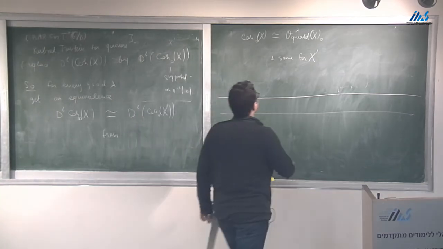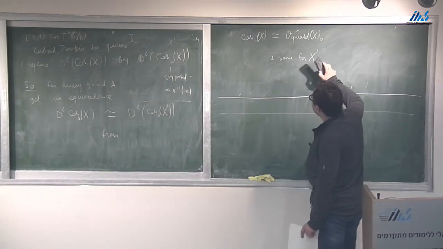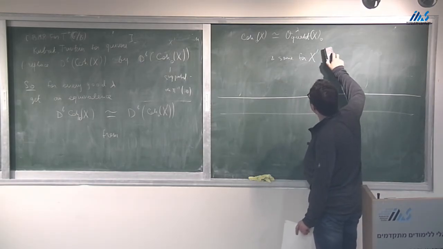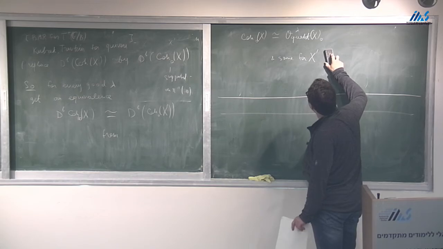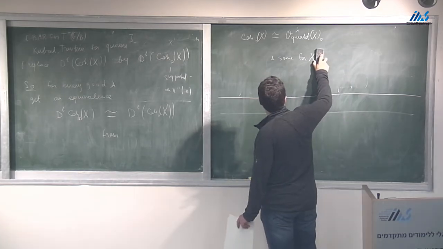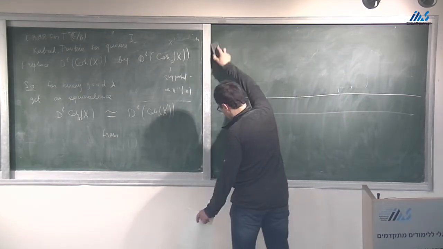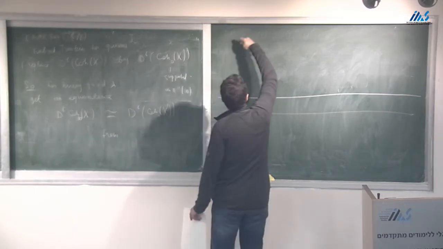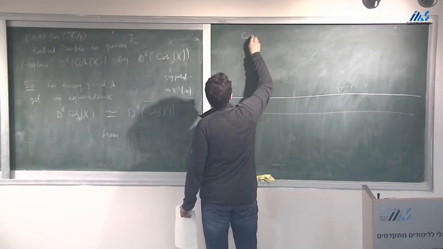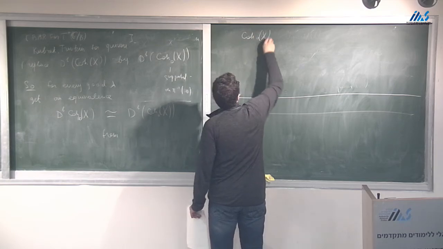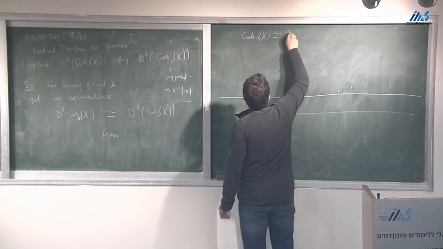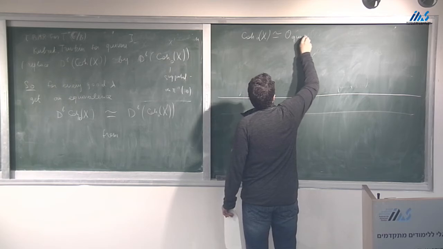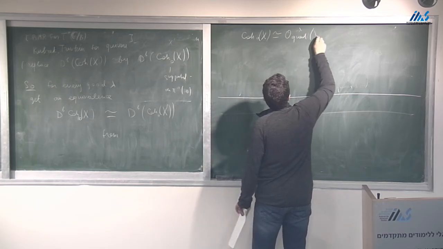Maybe just to make this a little bit more explicit, let me point out the following. By definition, this is the equivalence that I just erased. Just to clarify these things: Coh of the quantization of X_lambda.